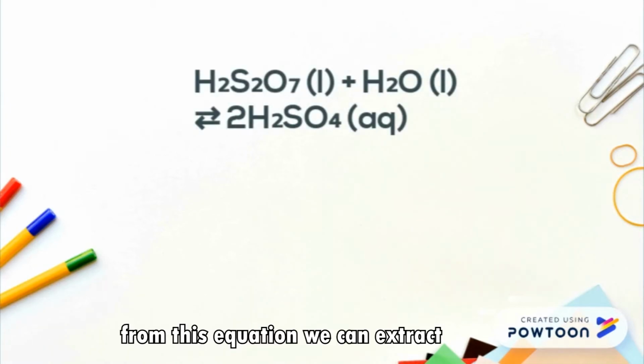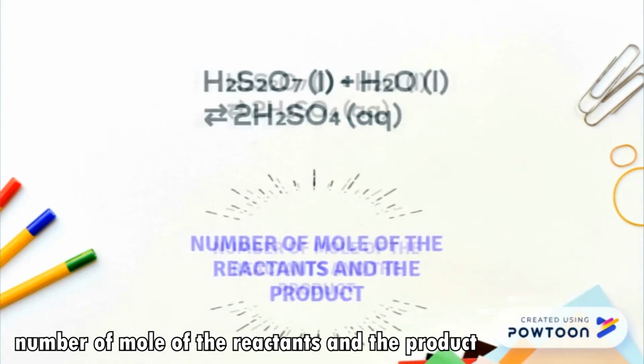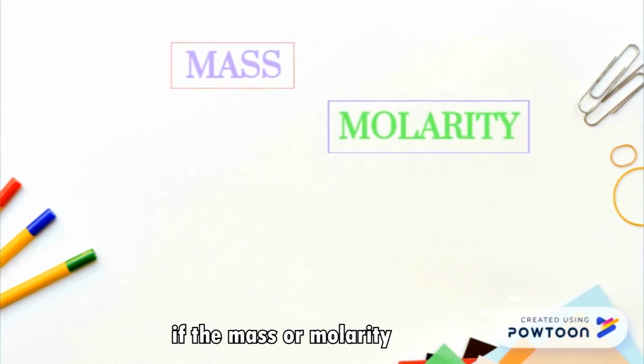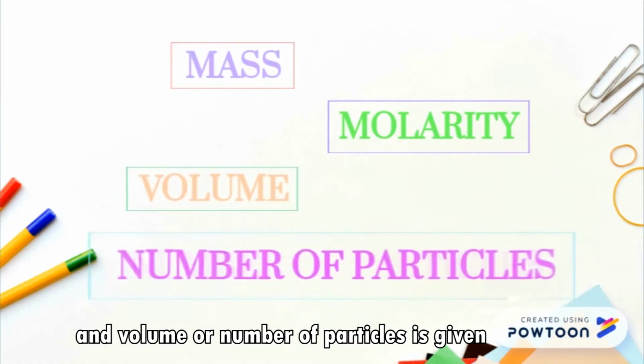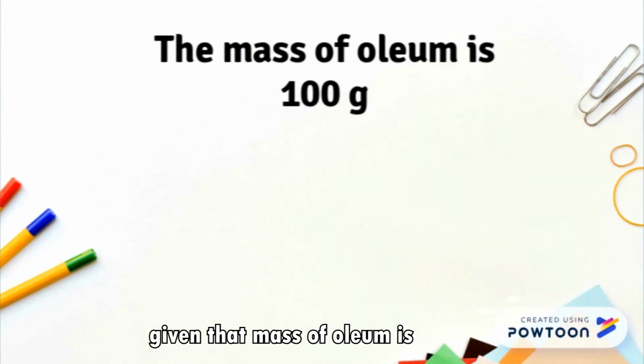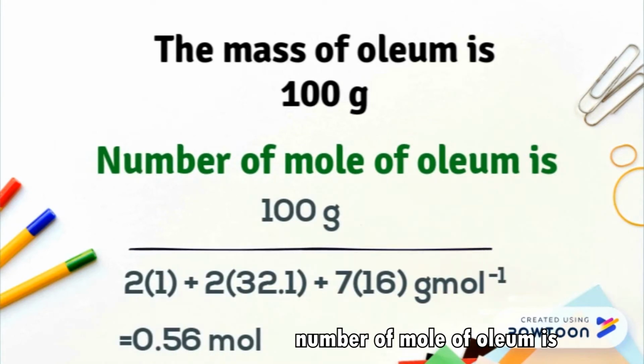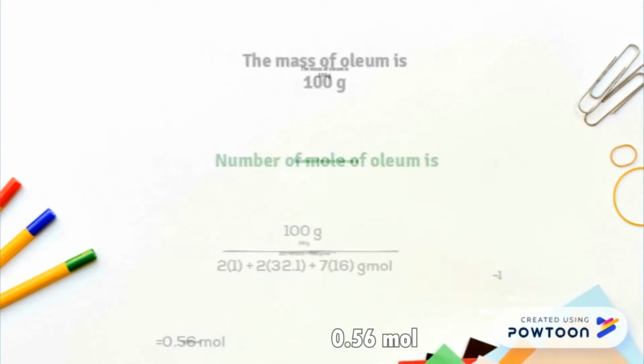From this equation, we can extract number of mole of the reactants and the product if the mass or molarity and volume or number of particles is given. For example, given that mass of oleum is 100 gram, number of mole of oleum is 0.56 mole.